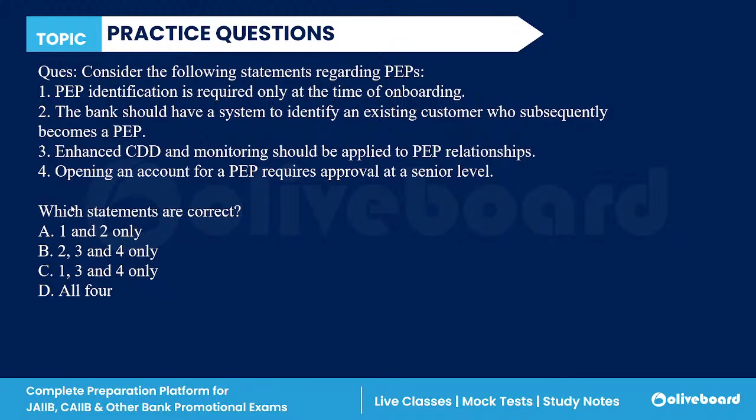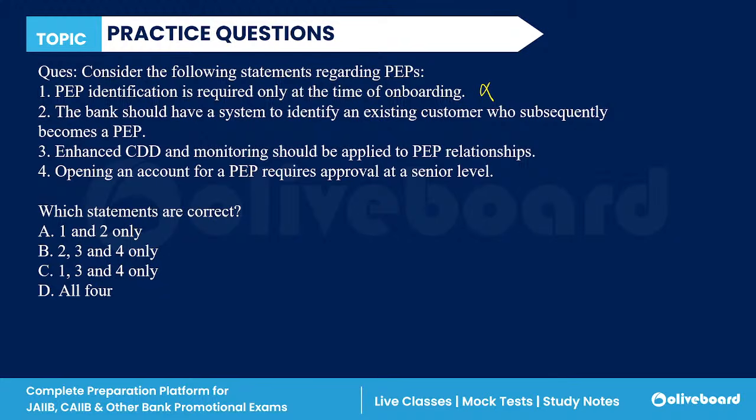So politically exposed person identification is required only at the time of onboarding. That is wrong, because it is not a one time exercise, everyone. If an existing customer, for example, becomes a politically exposed person, the bank needs to identify this. Senior level approval and enhanced customer due diligence monitoring is also required. It is not a one time exercise.